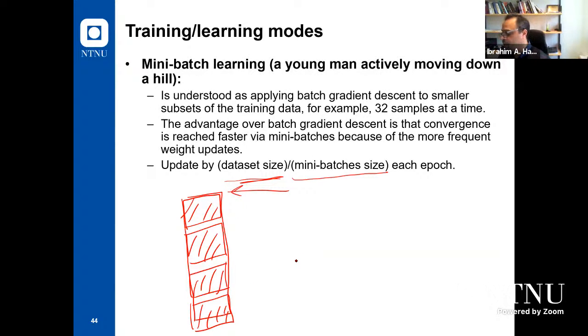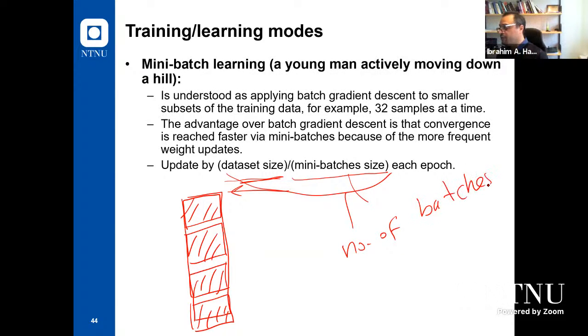So you need to select a mini batch size, and in each epoch we will update weights by the number of mini batches. How many batches? It's the data size divided by the mini batch size. This is the number of batches, in fact.